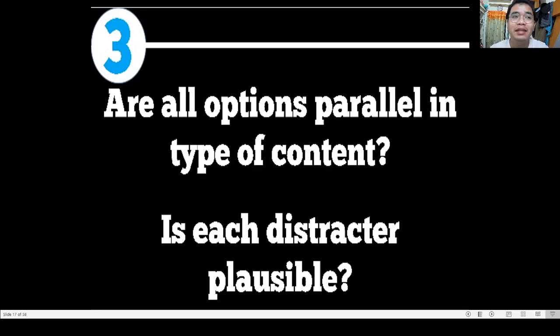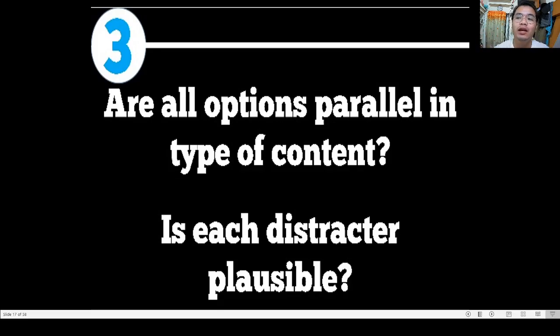Yun yung tinatawag nating unplausible distractors. Ibig sabihin, hindi ito effective na distractors para sa iyong mga estudyante because they could easily figure out the correct answer even without reading the stem of the question. They could figure out the correct answer from the options, and that's a no-no in test construction.